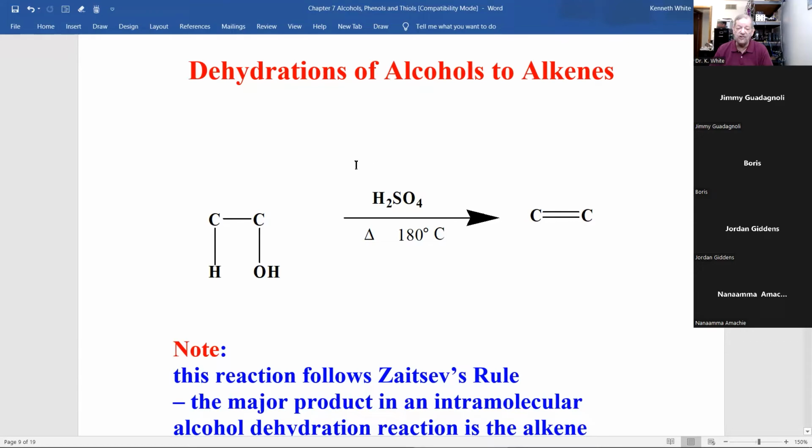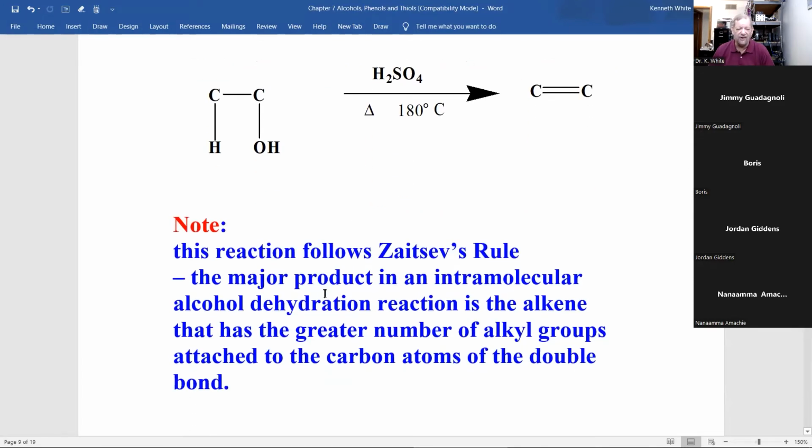Now, how do you do this? You react it with sulfuric acid, H2SO4, and this little triangle is heat. I also, not always, but today I did, but on tests I don't have to, give the temperature. This tells you it's pretty high heat.